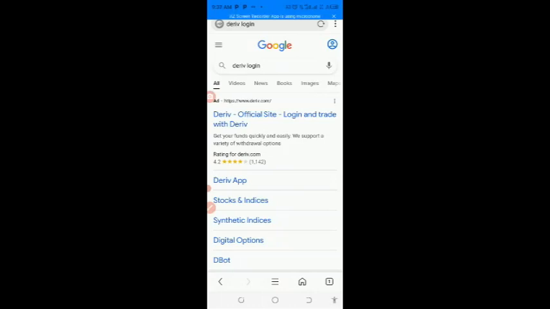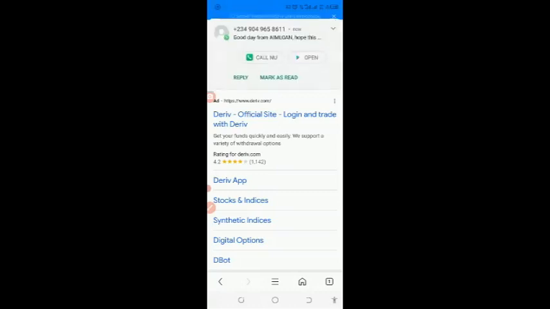The first thing is to use Deriv P2P to get dollar. But if you use Deriv P2P, it means that the payment method you use is what you'll be using. You cannot transfer the money from Deriv to any other app.